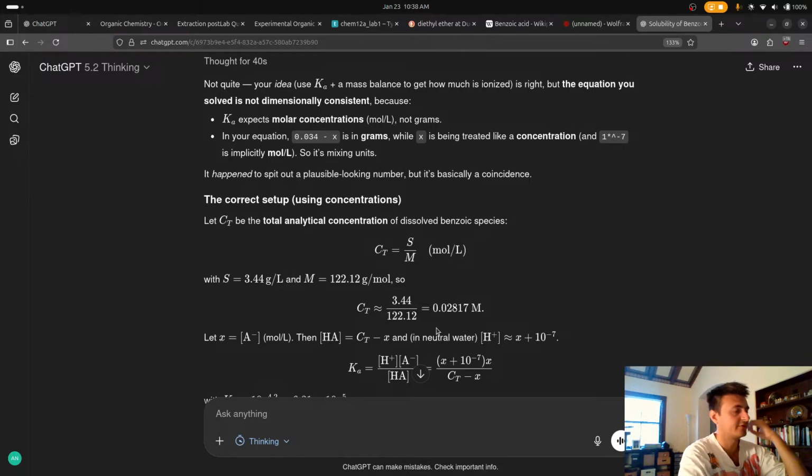So first, this gives us the molar solubility.